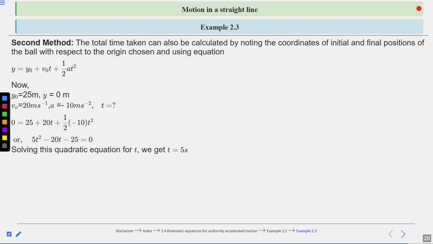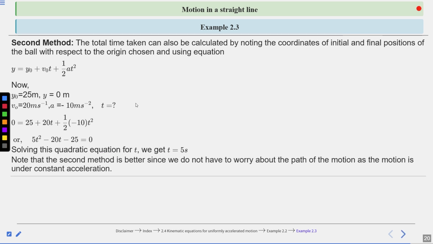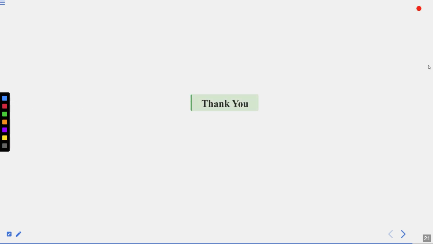Solving this quadratic equation for t, we get t equal to 5 seconds. The important point here is this: the second method is better since we do not have to worry about the path of the motion, as the motion is under constant acceleration. Thank you for your attention.